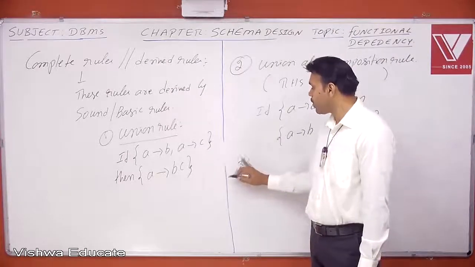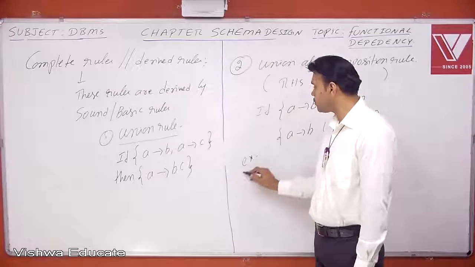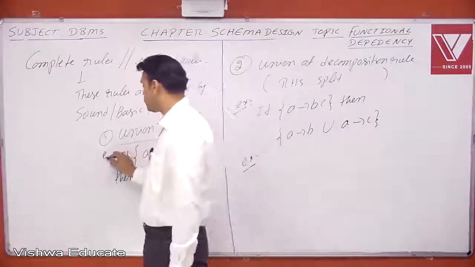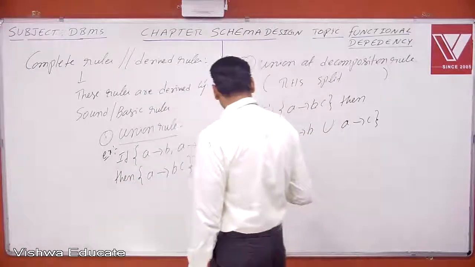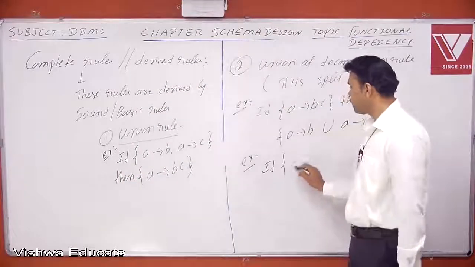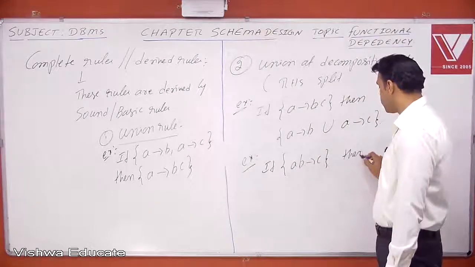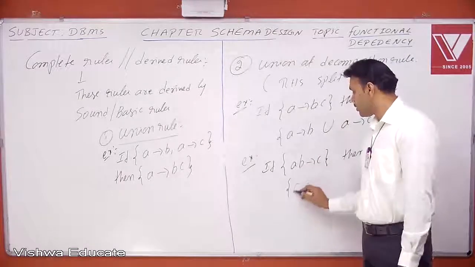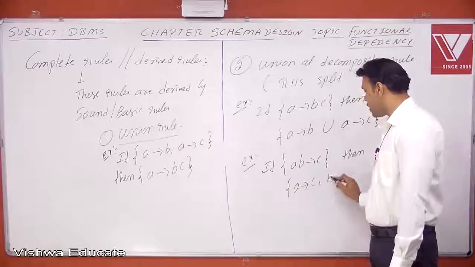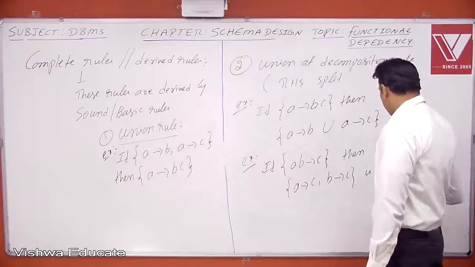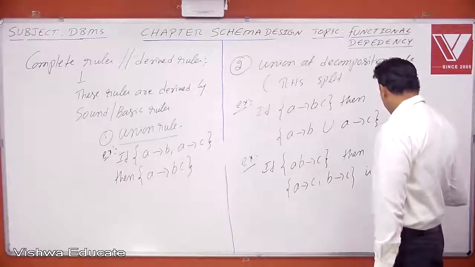And if I am writing one more example, like this, if AB tends to C, then A tends to C and B tends to C. Is it valid decomposition?